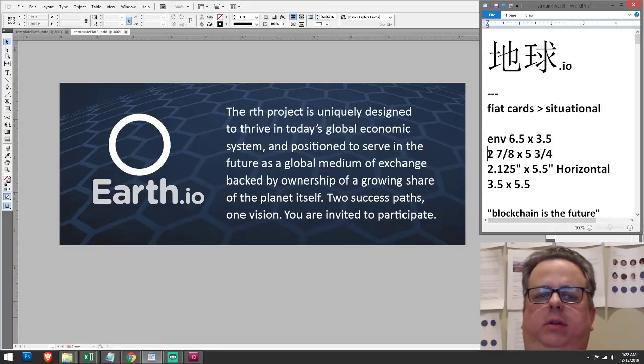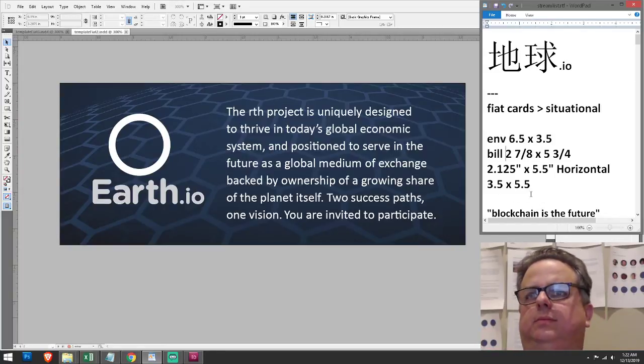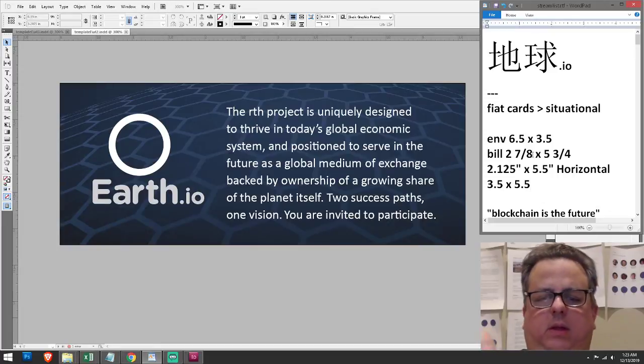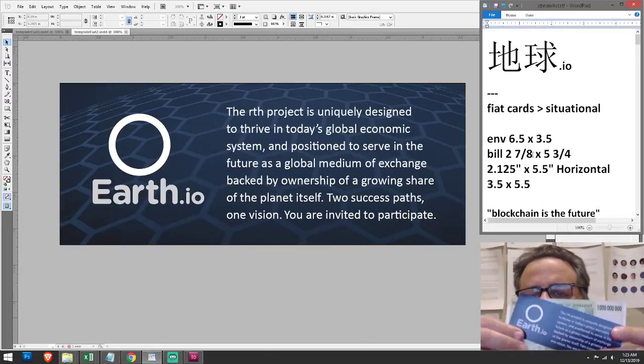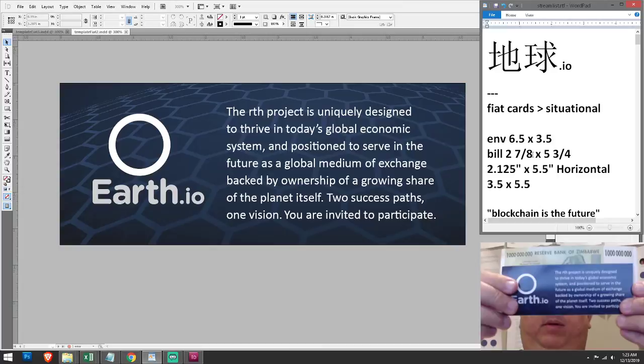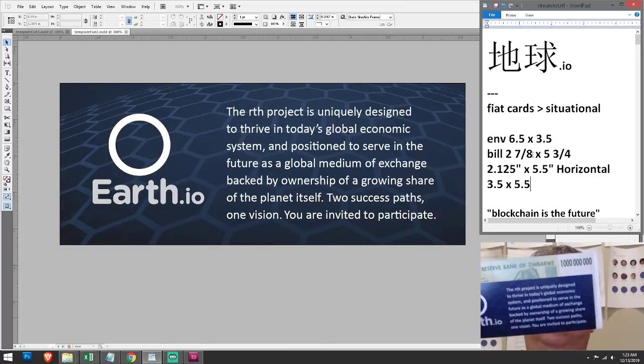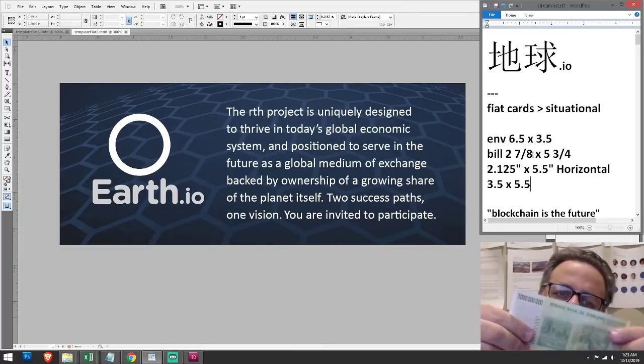And that's the bill. All right, 3.5 by 5.5. So in relation to the bill, that would be taller, which I'm not concerned about. Right now we have the bill is larger than the piece.